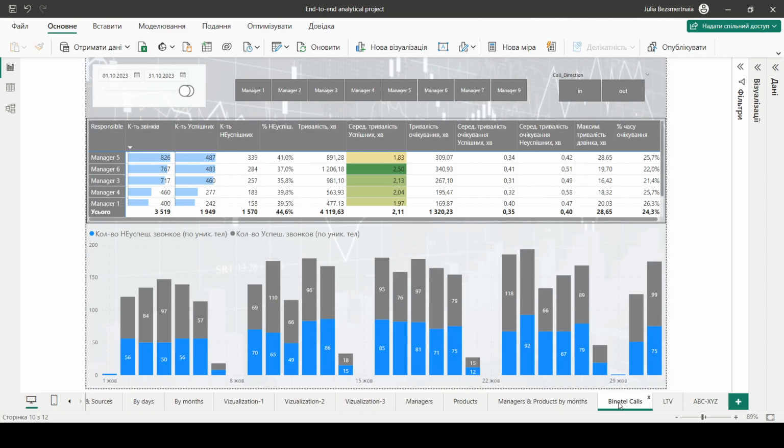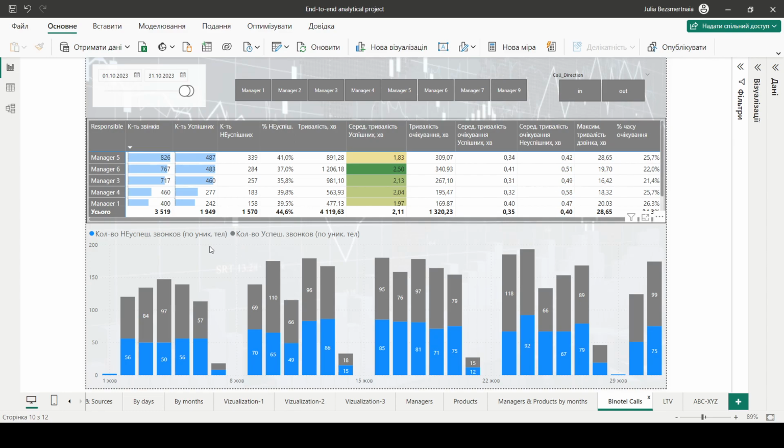Also, we have statistics of calls: amount of calls, successful calls, unsuccessful calls, percent of unsuccessful calls, duration, average duration of successful calls, duration of expectation, average duration of expectation of successful calls, average duration of expectation of unsuccessful calls, maximum duration of calls, and percent of time for expectation.